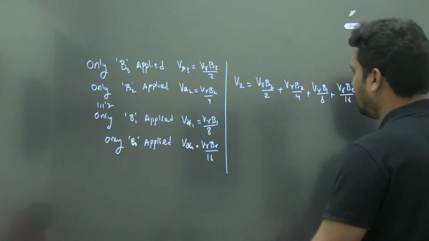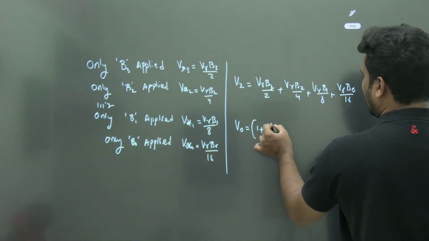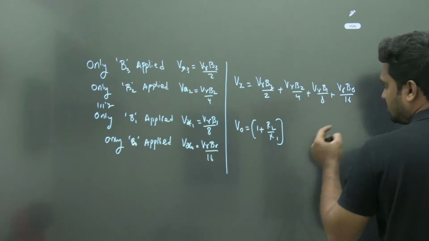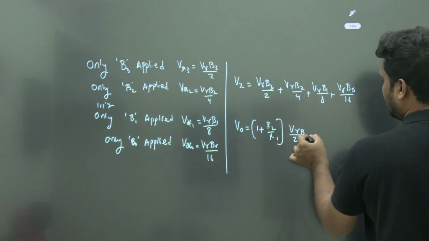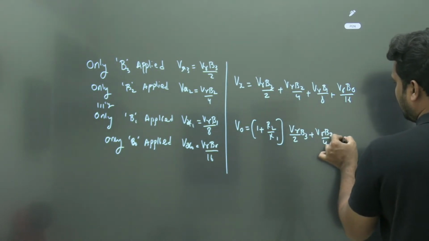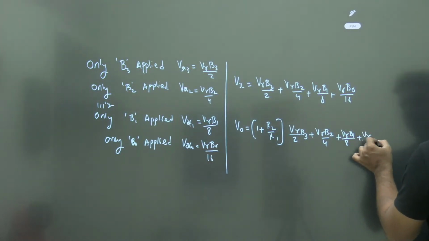Okay, so what is your V0? 1 plus R2 by R1 into this part Vx. What is Vx? VR upon 2 B3 plus VR upon 4 B2, VR upon 8 B1, VR upon 16 B0.